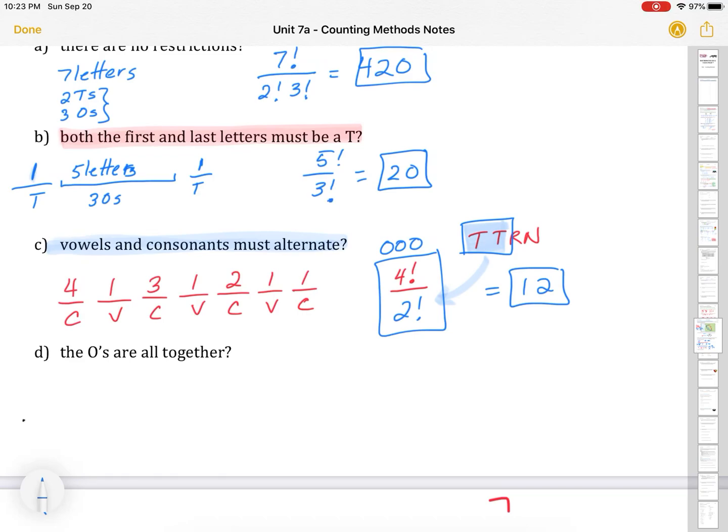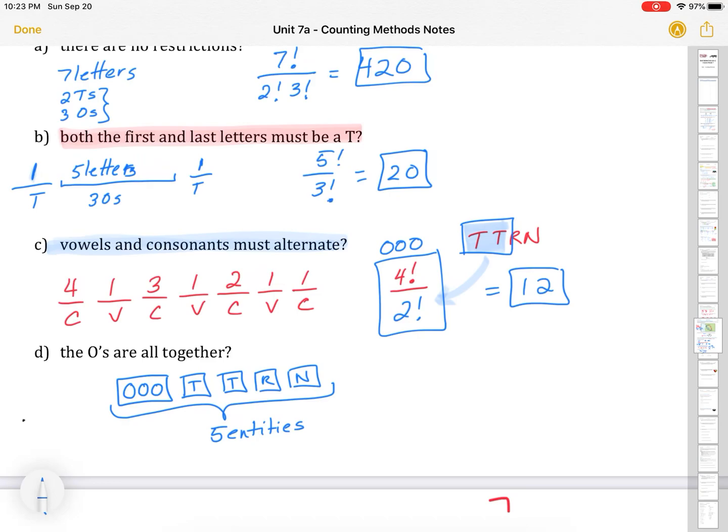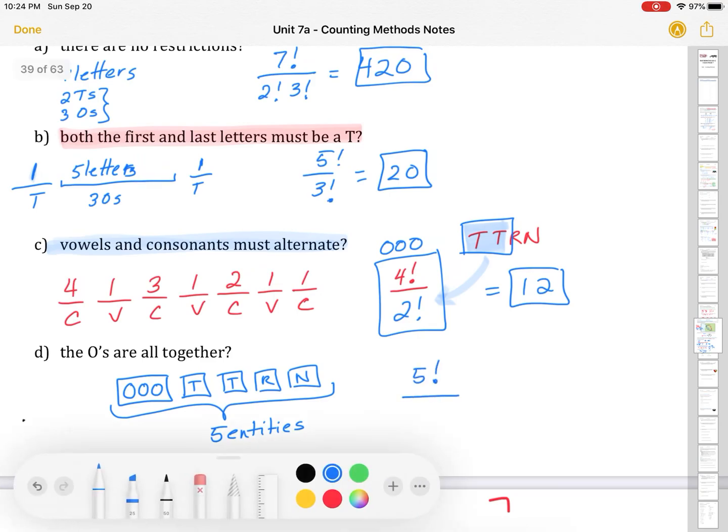So this is going to give me my answer, which is equal to 12. But I can't just have the 4 factorial because I have to remember that I have two T's. All right, the O's are all together. So let's think about that map. We have our O's together. They can move. But then I have a possible T, a possible T, a possible R, and a possible N. Within here, they're all O's. They're all the same. I have 5 entities because the O's move as a unit.